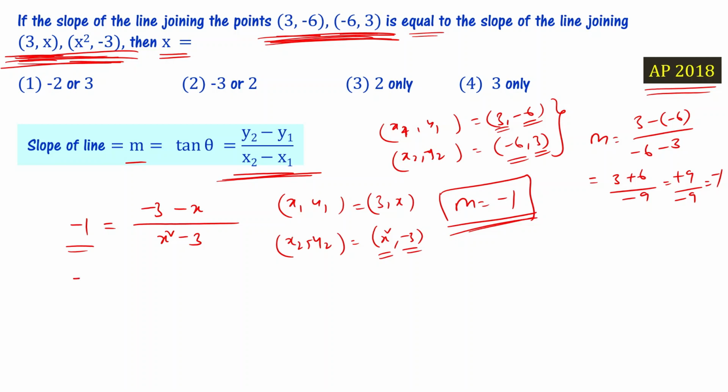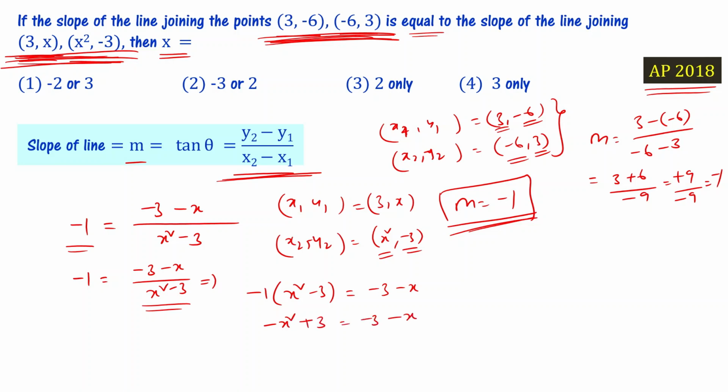This can be written as -1 equals (-3 minus x) divided by (x² minus 3). Let me simplify this. Taking x² minus 3 to the other side, -1 into (x² minus 3) equals -3 minus x. Now I have -x² plus 3 equals -3 minus x. If we bring all the terms to one side, we get a quadratic equation. So taking everything from this side to that side, the equation becomes -3 minus x plus x² minus 3 equals 0.